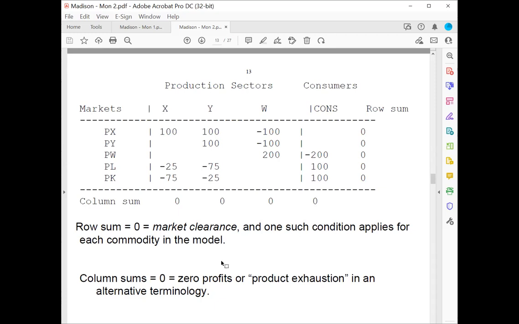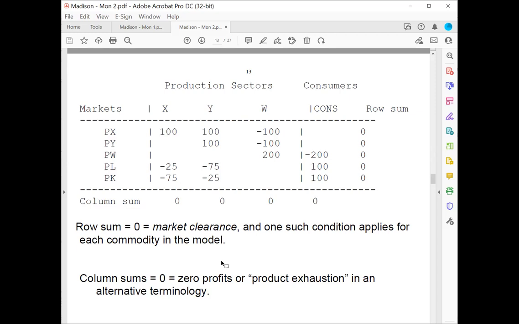I made the columns the 3 production activities and consumer income, and the 5 rows are the 5 markets. Complementary variables to markets are prices, so I put the prices on the left-hand side. A positive entry signifies a receipt in a market or an output, and a negative value signifies an expenditure or a cost or an input into that market.